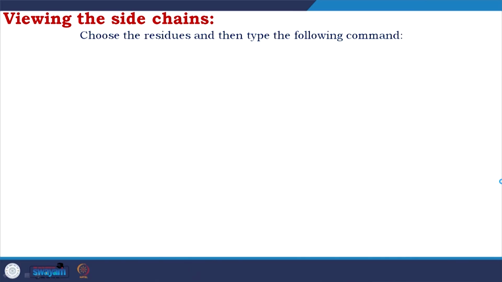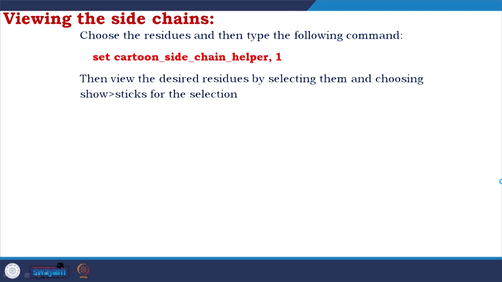So, when you want to choose the residues, you have to type the following command: set cartoon_side_chain_helper, 1. Then you could view the desired residues by selecting them and choosing sticks. For the selections I have written the command, so you could follow it here.